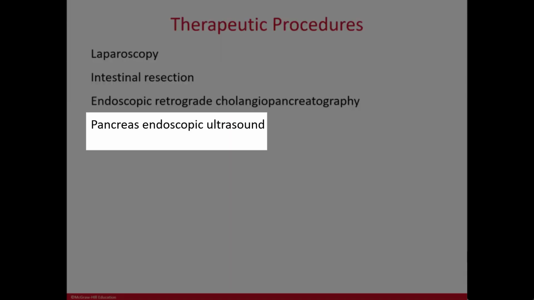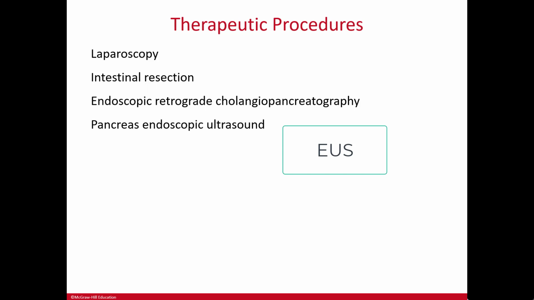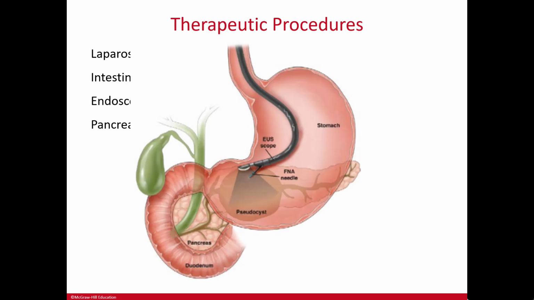And the last term is pancreas endoscopic ultrasound, EUS. This is a type of endoscopic examination that enables very detailed imaging and analysis of the pancreas using ultrasound. So an ultrasound probe is actually inserted in the mouth into the stomach and the first part of the small intestine, which is really very cool.